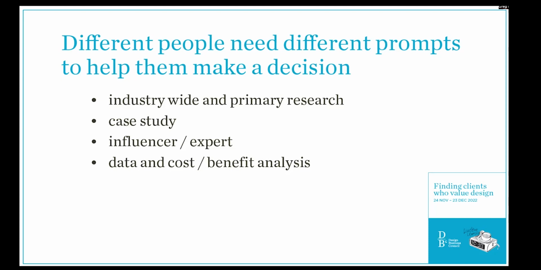They're looking for lots of data, lots of facts and figures, and they want a cost-benefit analysis. So what we know is they're the four key things a client is looking for when they're engaging with a designer. So we need to make sure that when we're talking to them, we're talking in these terms. We're not trotting out our folio and telling them how good we are. We're actually talking about them and their industry.